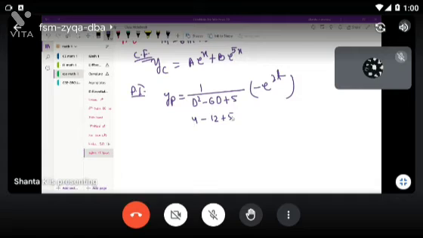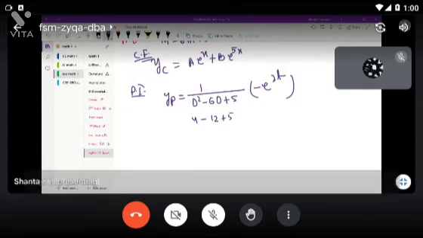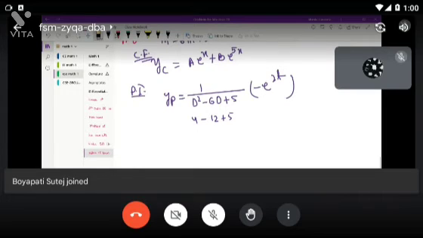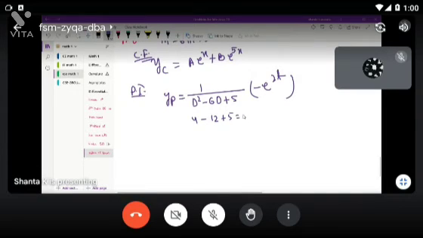Minus 4 plus 5, minus 3. So here we can write it as 1 by minus 3 into e to the power 2t, so it is e to the power 2t by 3. Are you getting this much? Just look at the calculation.